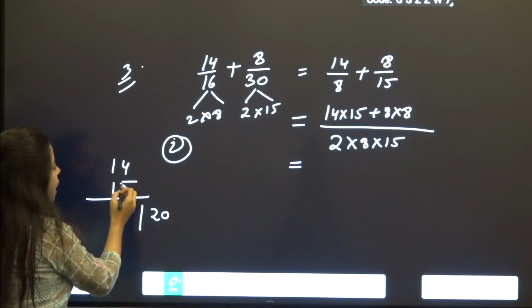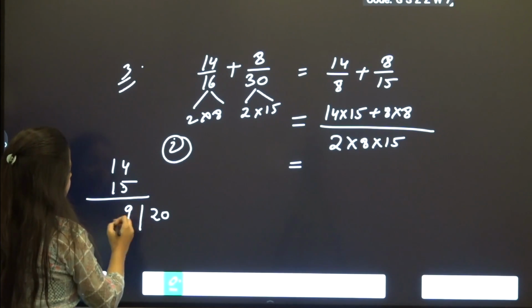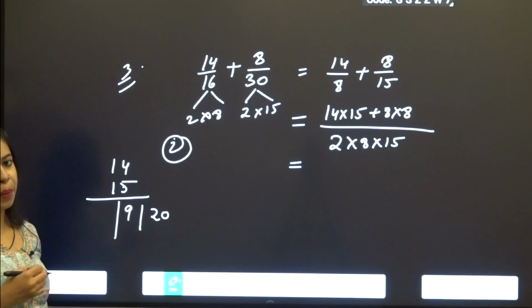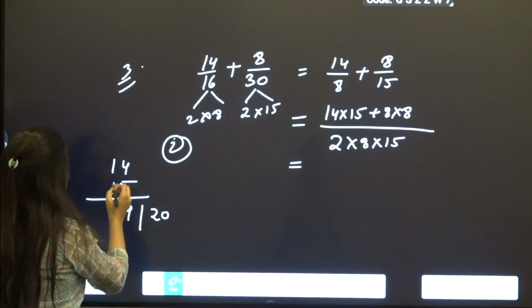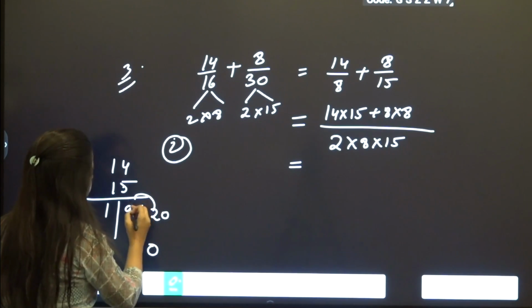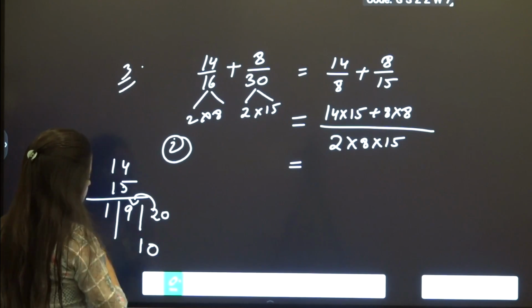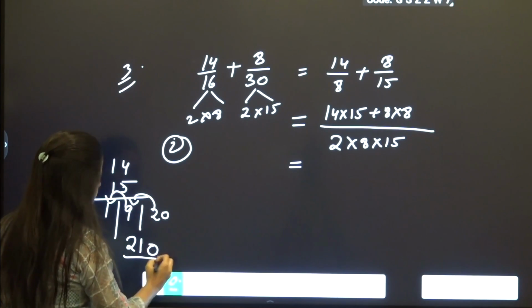Next is 5 into 1 plus 1 into 4, which is 9. And last is the product of the numbers at the 10th place, which is 1 into 1, 1. So this will become 0, 2 will be carried forward, this will become 11, 1 will be carried forward, 210.